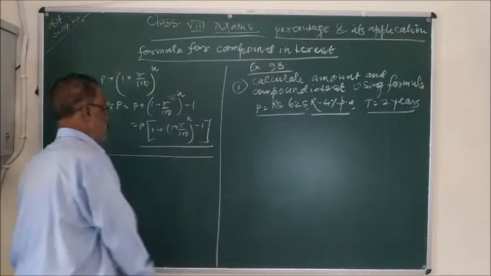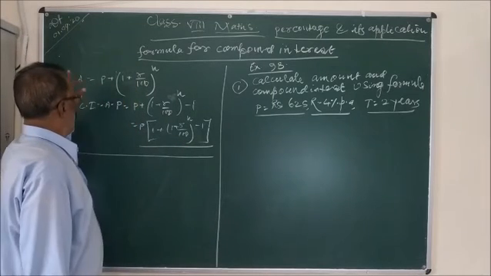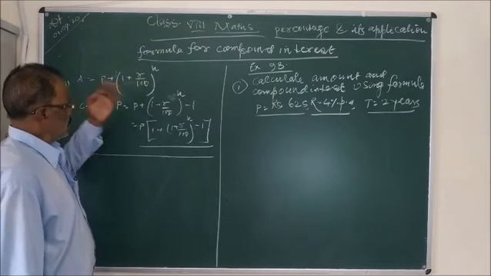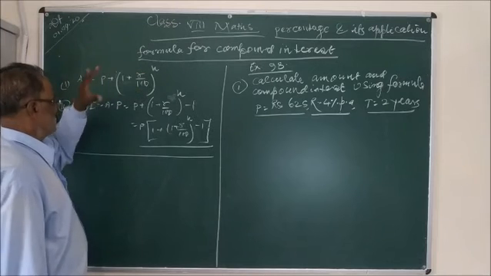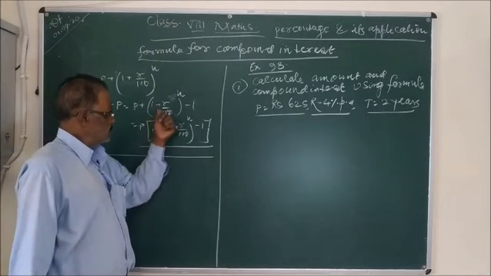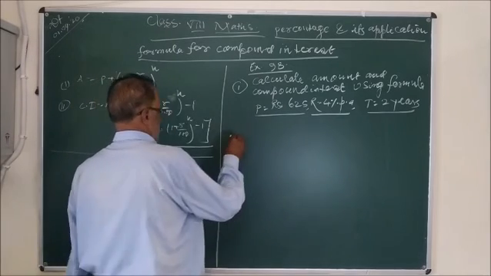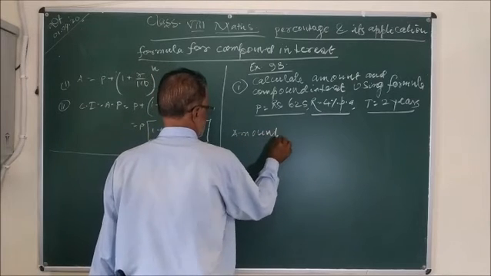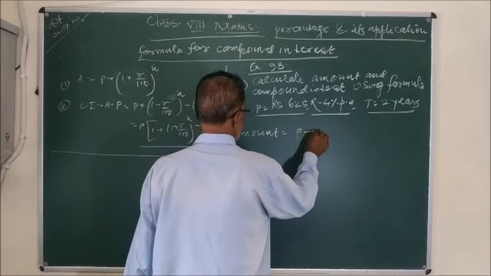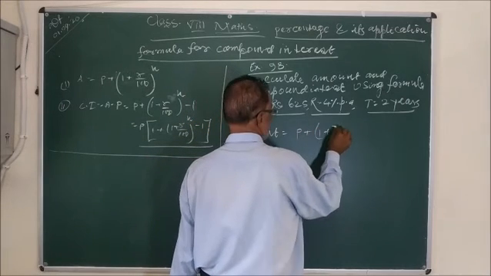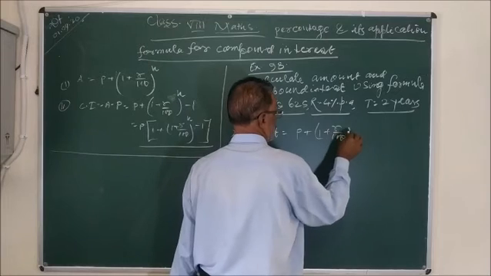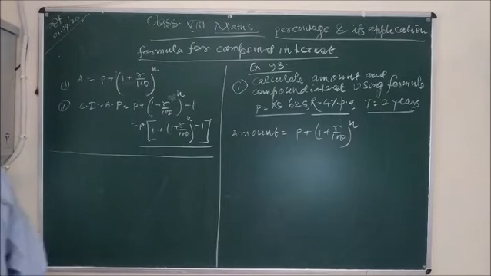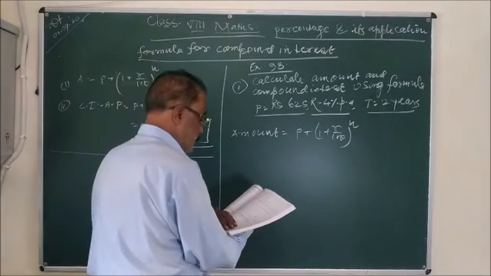This is the direct formula of compound interest, or otherwise you find the amount by this formula, and in the last step subtract P. Now if you find the amount, the formula is A equals P times 1 plus R by 100 power n. So this is the formula for compound interest.